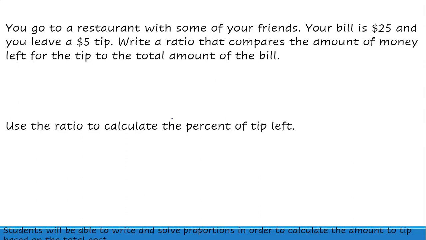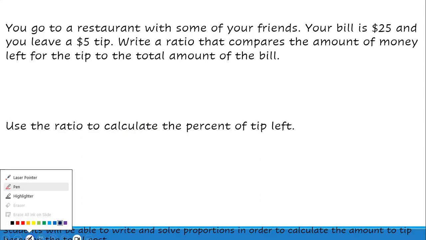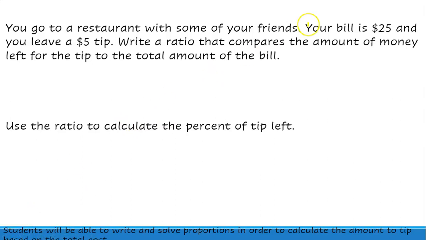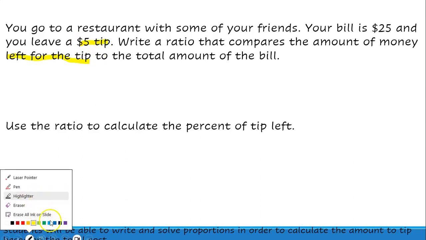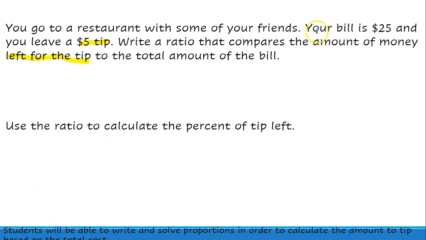So it says to write a ratio that compares the amount of money left for the tip to the total amount on the bill. Well, we need to identify first what is the amount of money left for the tip. We left $5 for the tip. All right, so then what was the amount of the bill?